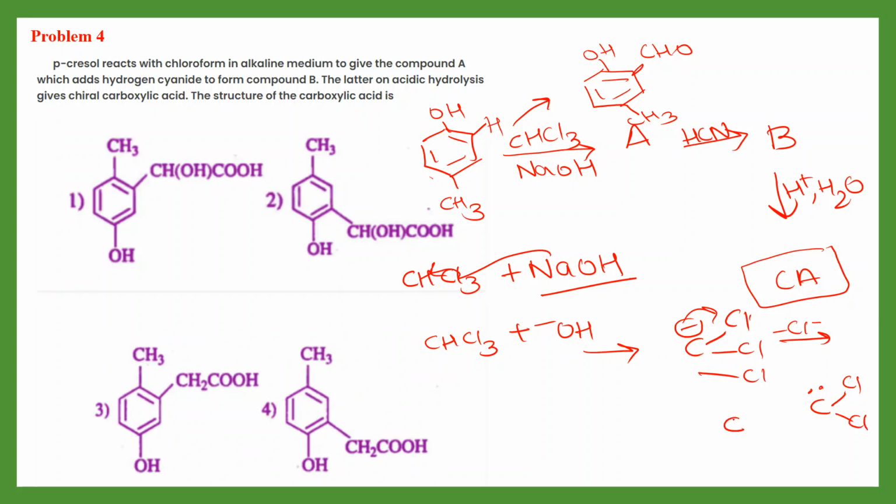For simplicity, you can treat carbene like positive and negative. Negative, why? Because base has abstracted its proton and one of the chlorines is leaving from here as Cl negative, so it will leave here positive charge. So positive negative is your carbene.